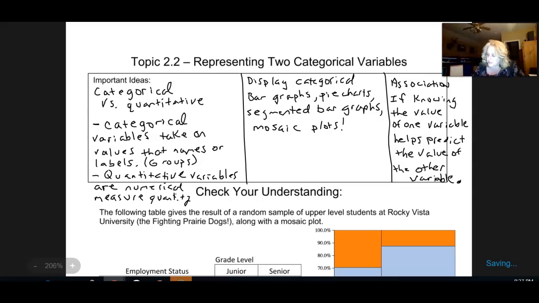Okay, and if you can tell that, then you would say they are associated. So if knowing one helps you know the other, then we would say basically that they are associated.